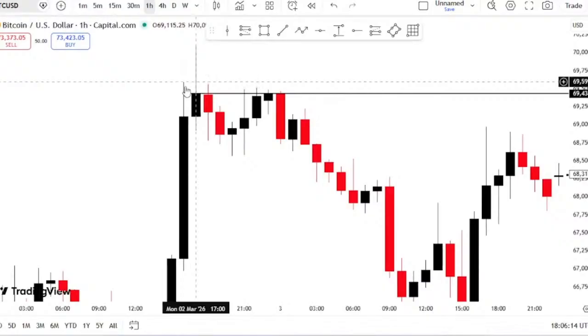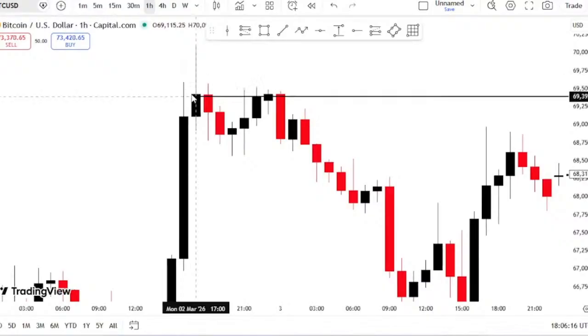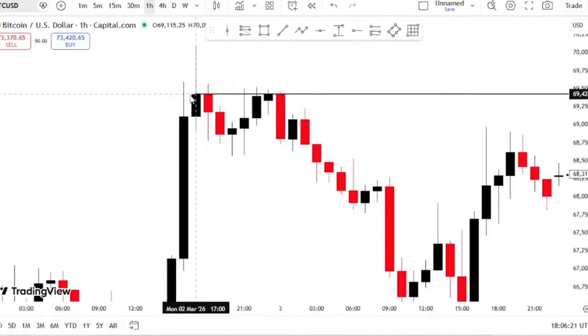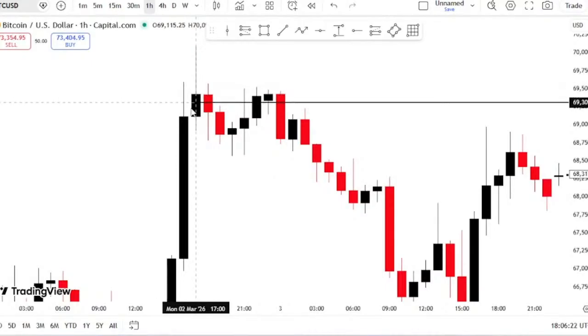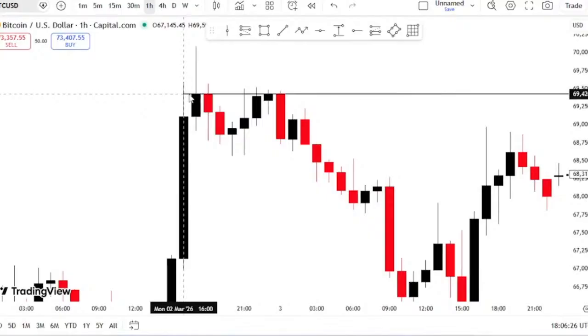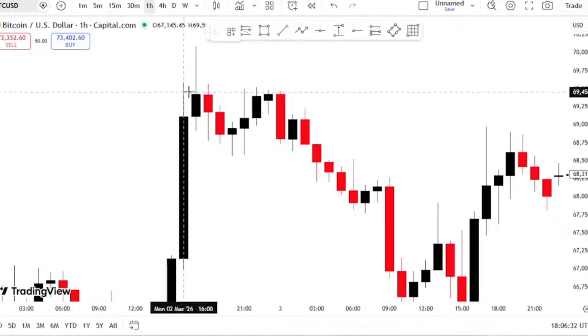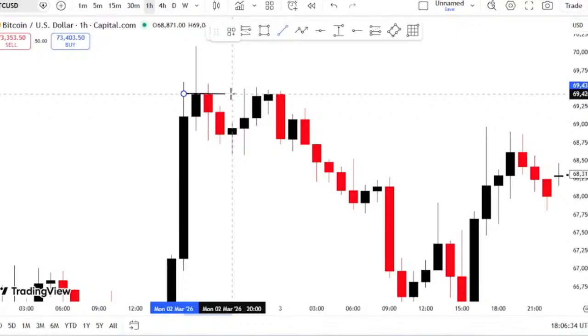Here is a bull candle followed by a bear candle. Now, the major concentration is going to be the closing of the bull candle, which is here. So this is where you are going to put your line.